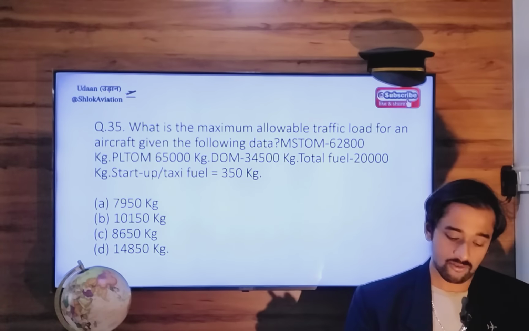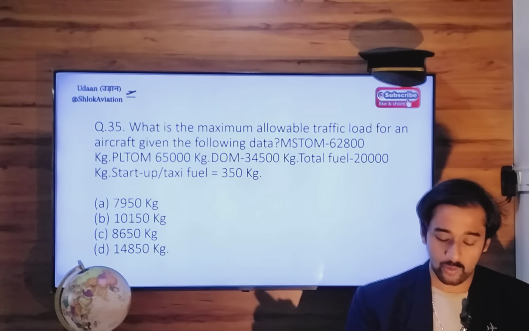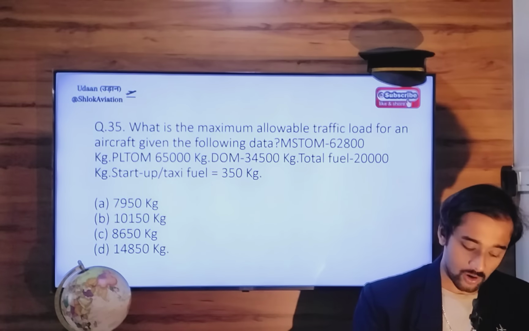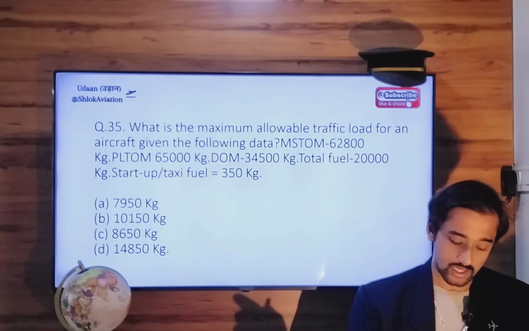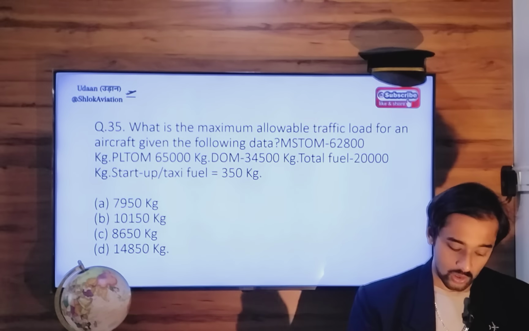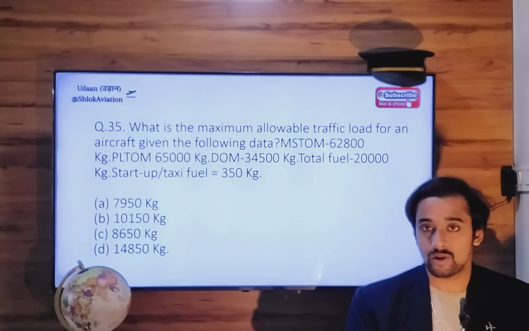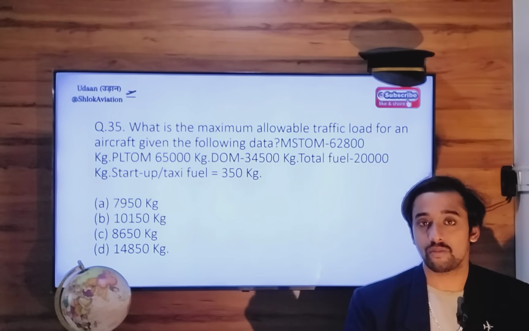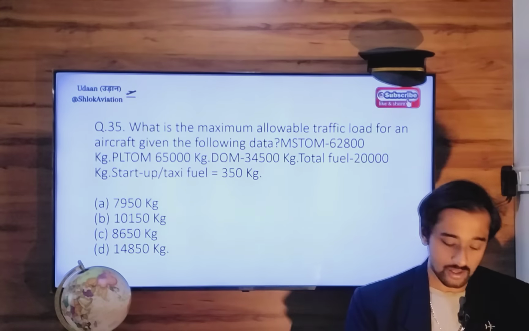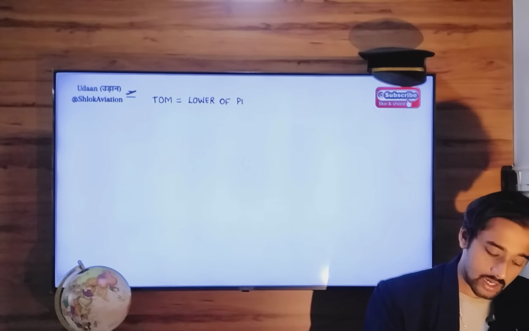Question 35. What is the maximum allowable traffic load for the aircraft given the following data? Maximum structural takeoff mass is given, performance takeoff mass is given, DOM, total fuel, startup and taxi fuel is given. Again here we need not make three columns. Only the first column will be sufficient, which states that you have to choose a takeoff mass value which should be the lower of performance limited takeoff mass and maximum structural limited takeoff mass.